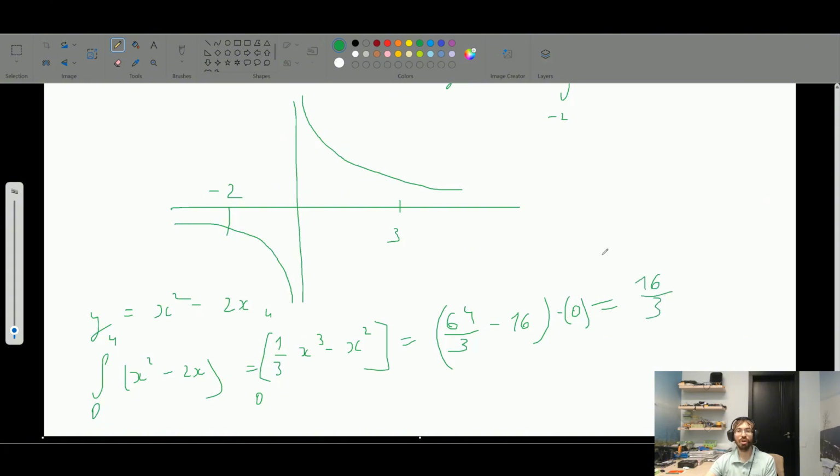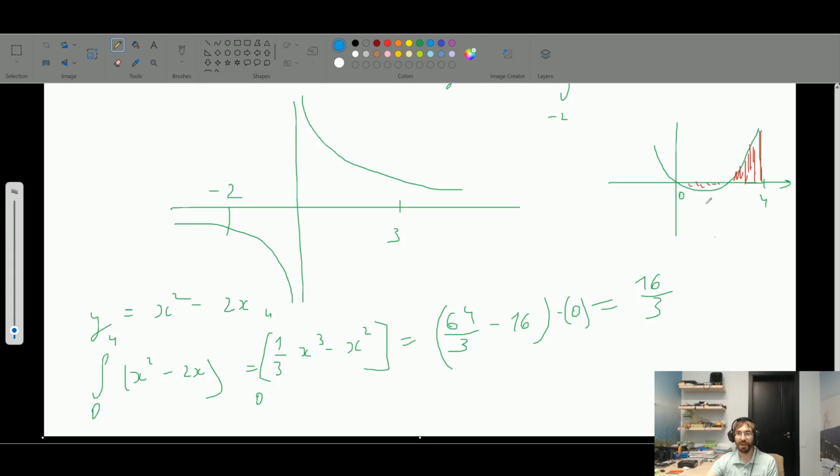But it will not correspond to the area under the graph. And the reason is that the parabola looks like that. And if we integrate it from 0 to 4, we will get that red area with positive sign, and this area with negative sign.